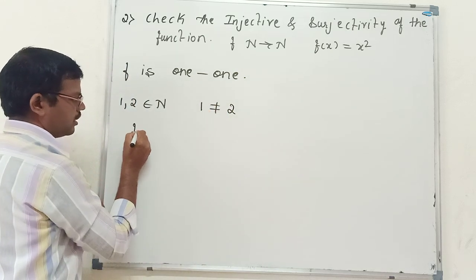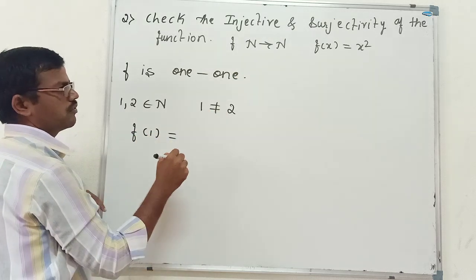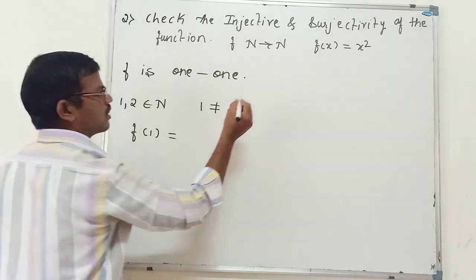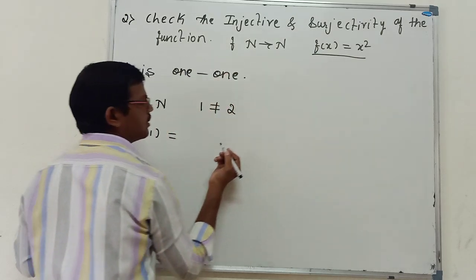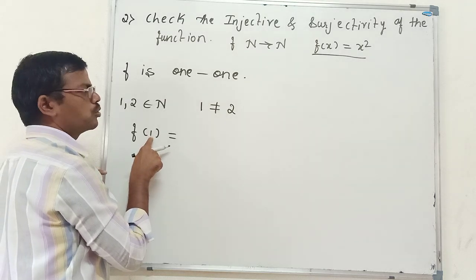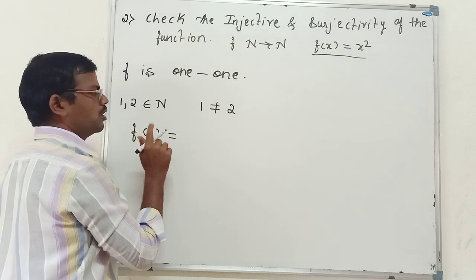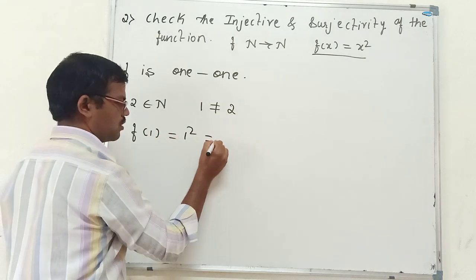Then we find their images. f of 1 is equal to, what is the function defined? f of x equals x square. Where there is x, we put 1, then we get its image: 1 square, which is 1.